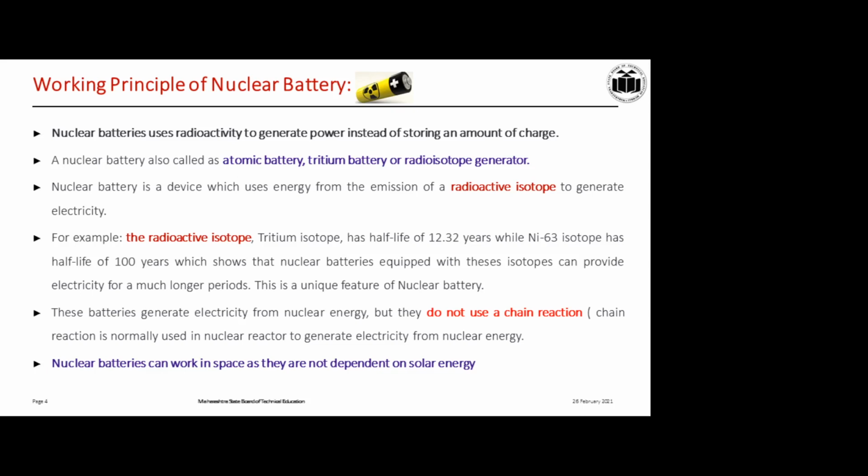In this nuclear battery, we are not using any chain reaction, as the chain reaction is a concept used in nuclear reactors to generate electricity from nuclear energy. But nuclear batteries can work in space as they do not depend on solar energy. Due to their compact size and longer life, the most versatile application is that they are used in space.